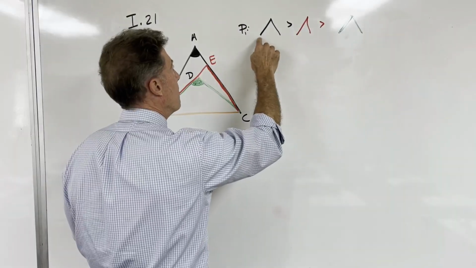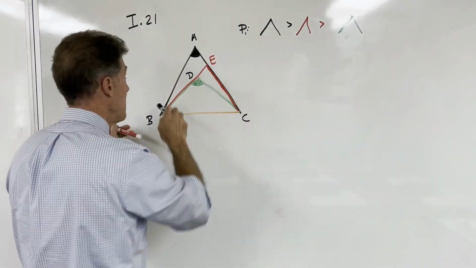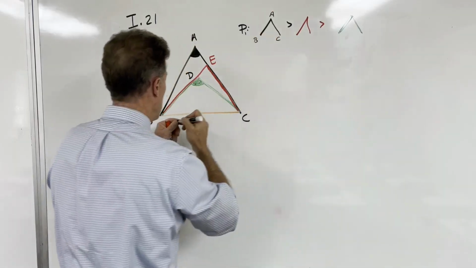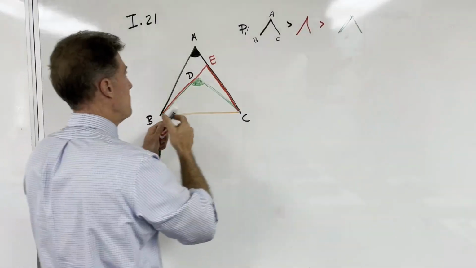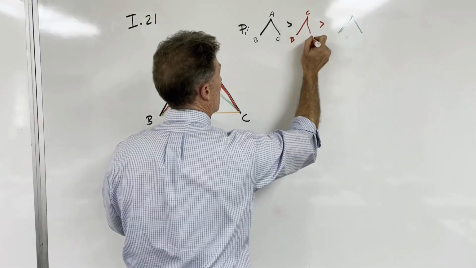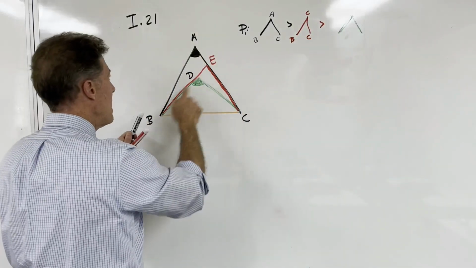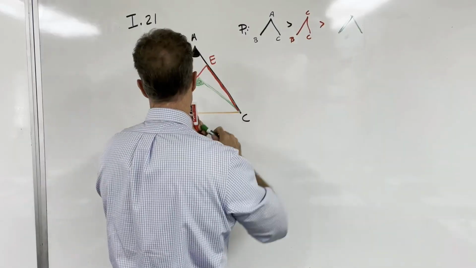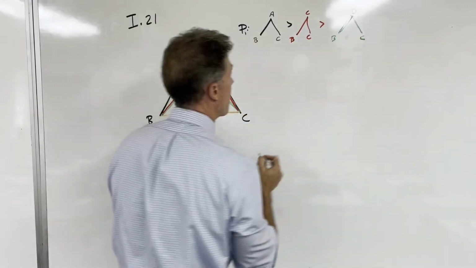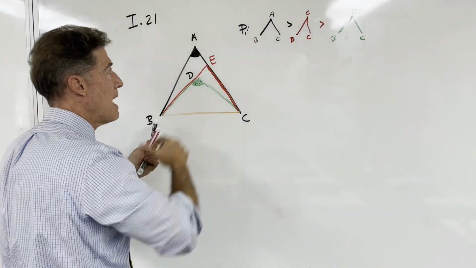All right. So the black TP, which is made up of BAC, is greater than the red TP, which is BEC, which is going to be greater than the green TP, which is BDC. So if you keep that in mind, that's our goal.